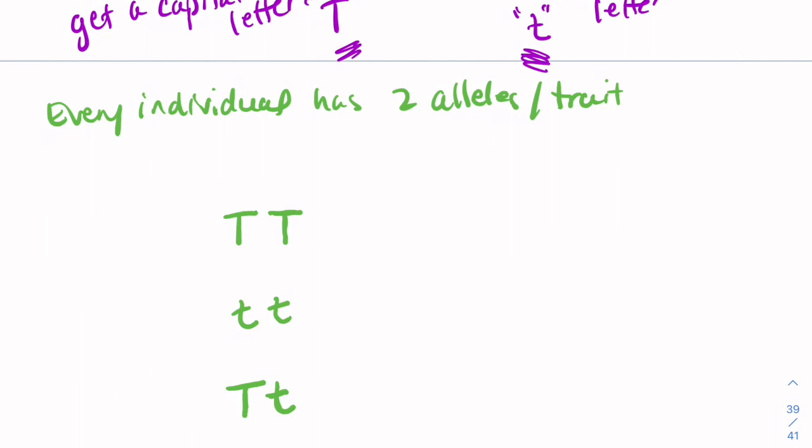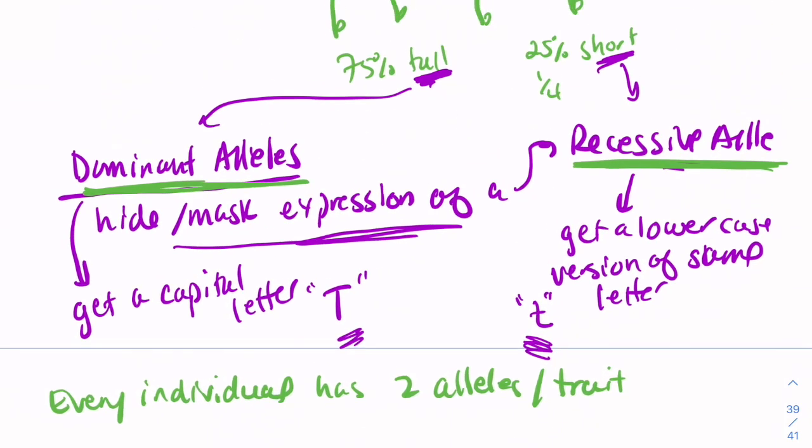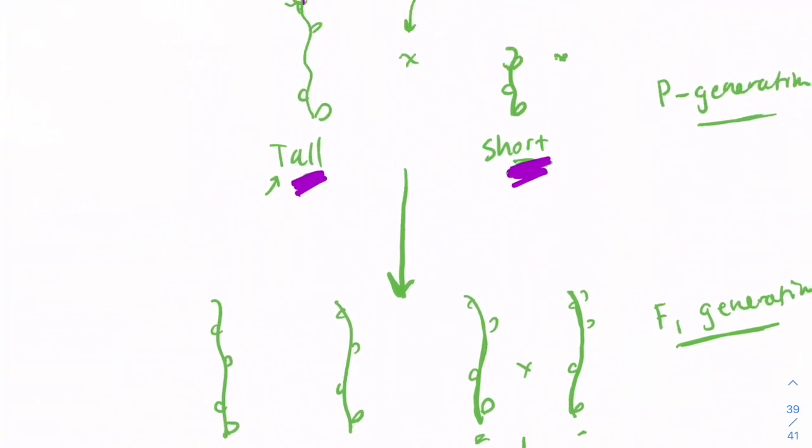All right. So let's talk about what each of these scenarios, what each plant is going to look like in this case. So if a plant has two dominant alleles, up here is where we are, what's this going to look like? It's going to be a tall plant, all right? Like this one up here, the original one.